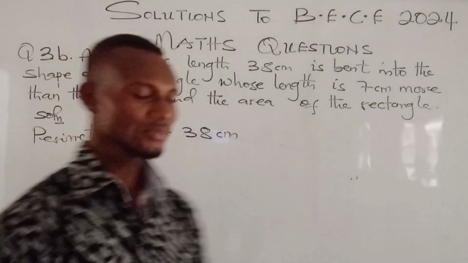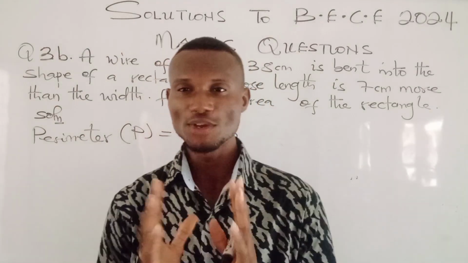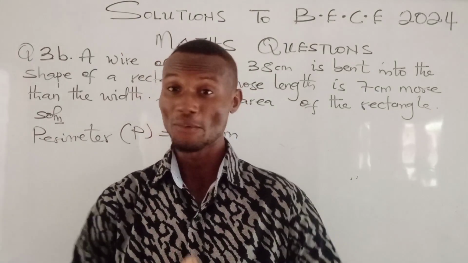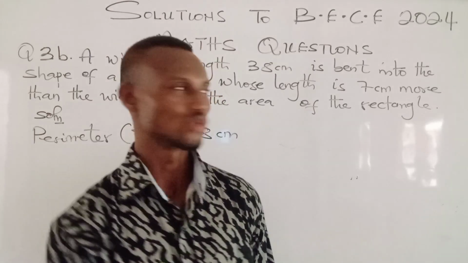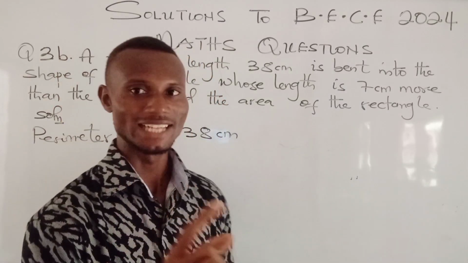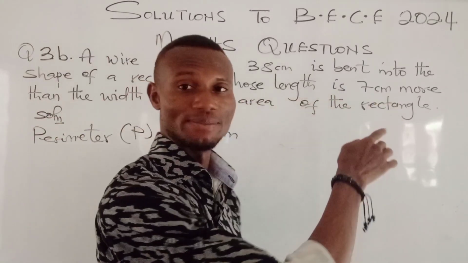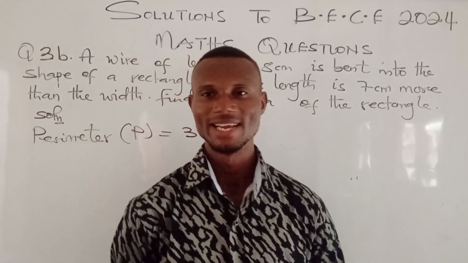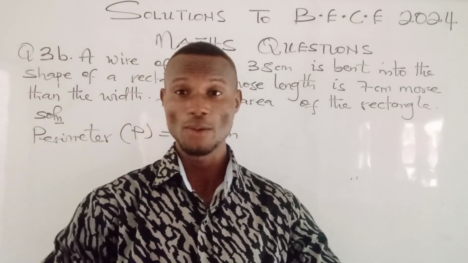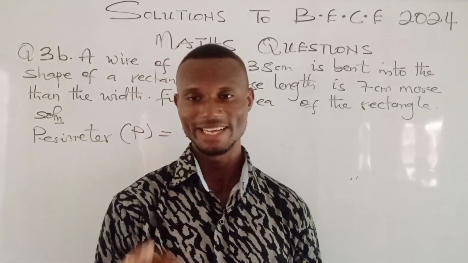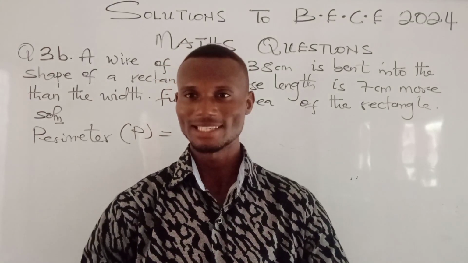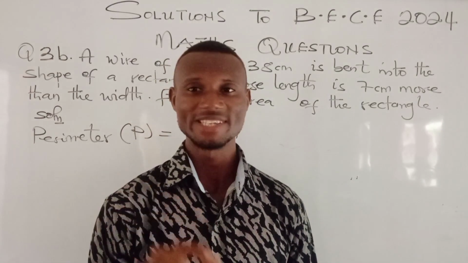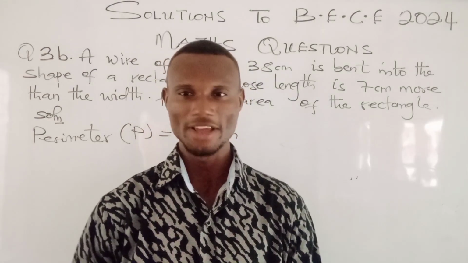So now, the thing is that we don't even know the value of the width. The width is not given in this question. We don't know the width of the rectangle, but we have the statement saying that the length is 7 centimeters more than the width. I've explained to you that anytime you are handling a word problem question and there is an unknown value that the question is talking about, what you do is that you represent that unknown value by a variable.